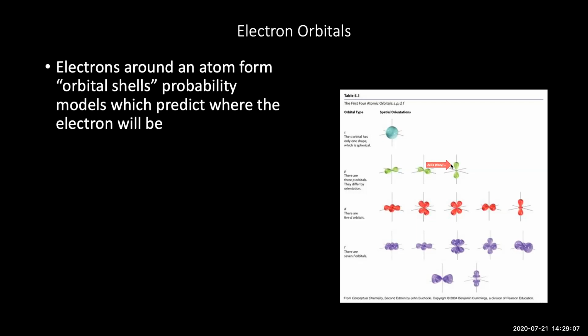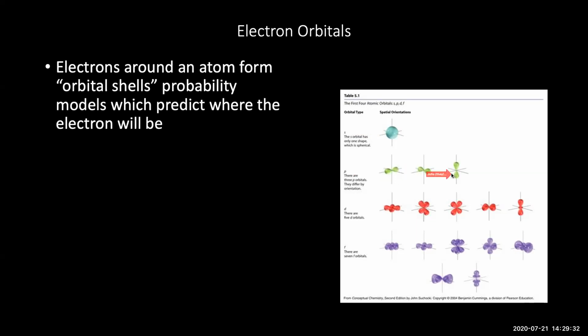So if you've taken a chemistry class, or maybe took a chemistry class in high school, you can fit 2 electrons per orbital. So 1s1, 1s2, those are the 2 electrons that fit in the s orbital, the smallest s orbital. Then you have 2s1 and 2s2, and then you'll have your p orbital shells.